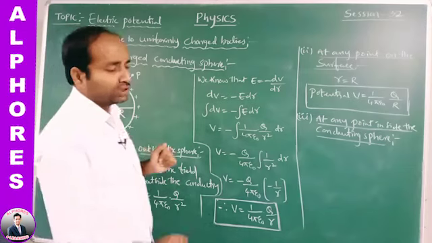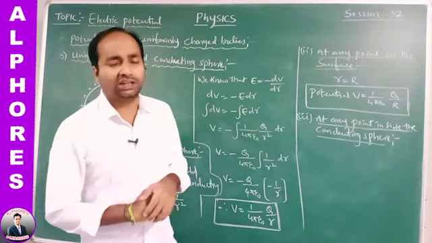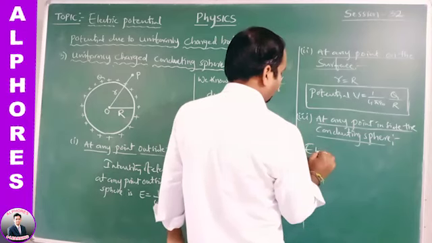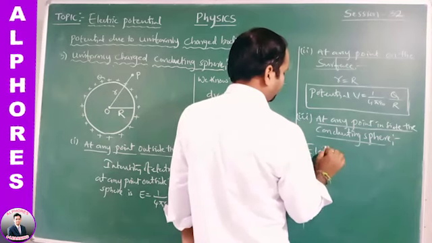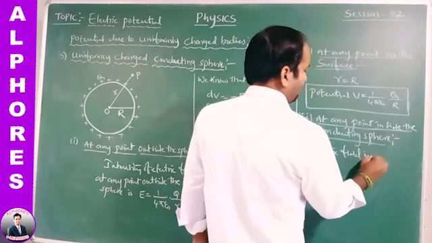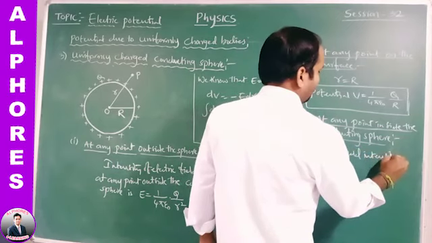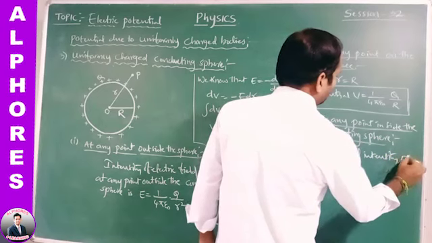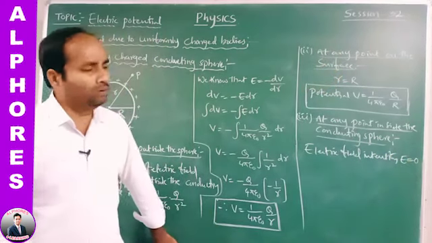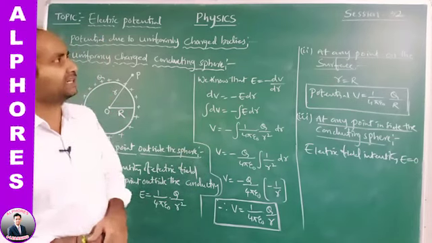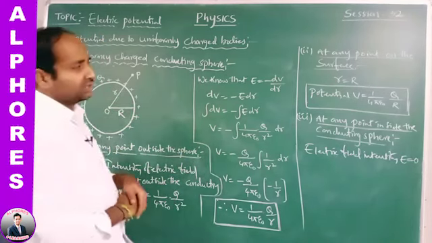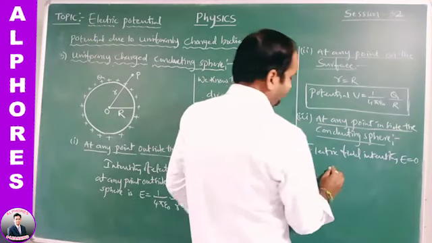The electric field intensity at any point inside the conducting sphere is 0. E is equal to 0. Electric field intensity at any point inside the sphere is 0. But what is the relation between E and V? We know that again.